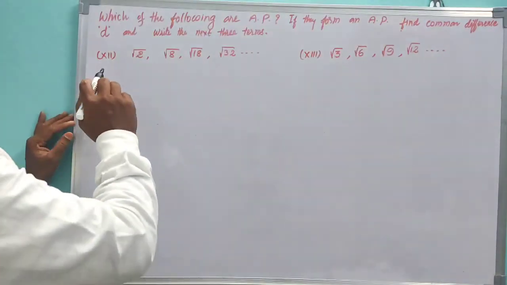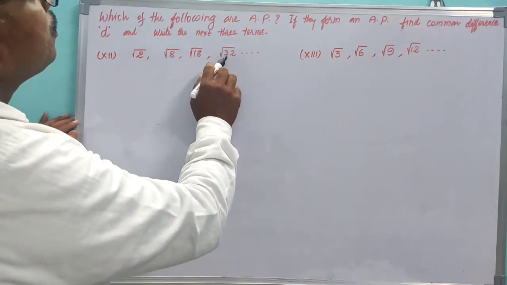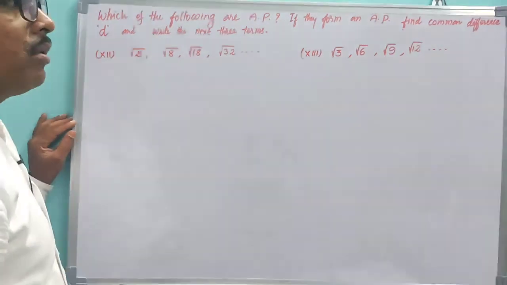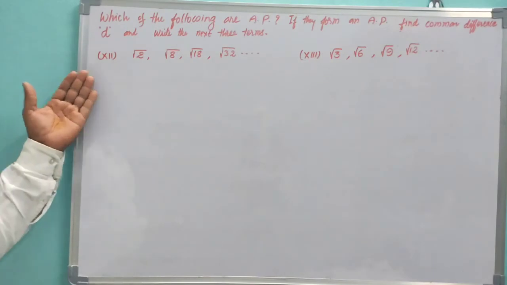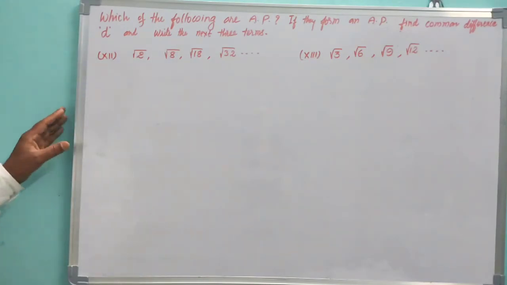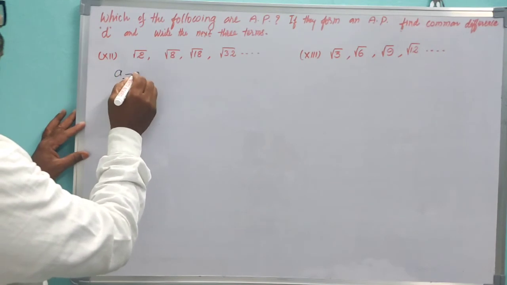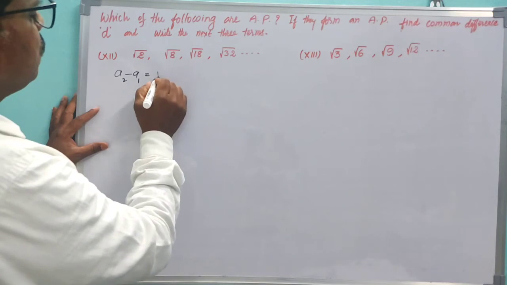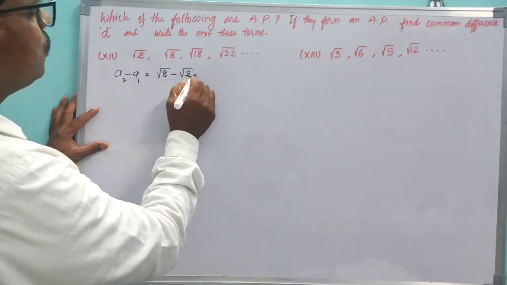Now this one: under root 2, under root 8, under root 18, under root 32. So whether this series forms an arithmetic progression or not, we have to check, and we have to find the common difference, and the next three terms we have to write. Okay, see here. First a2 minus a1. So what is a2? Under root 8, and a1 is under root 2.